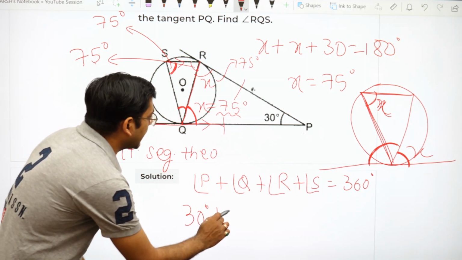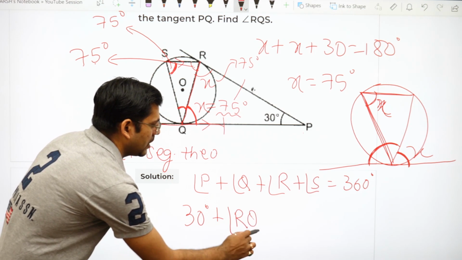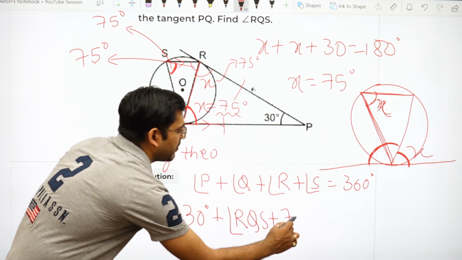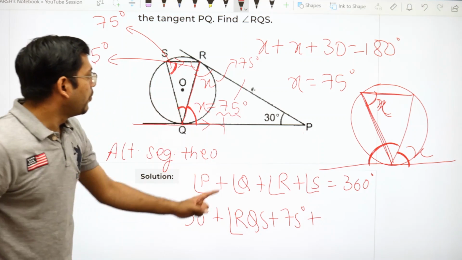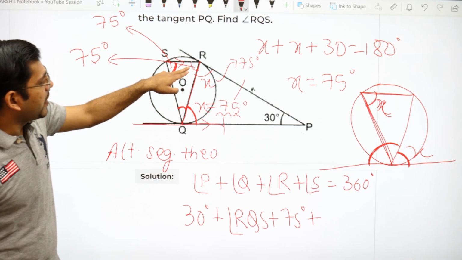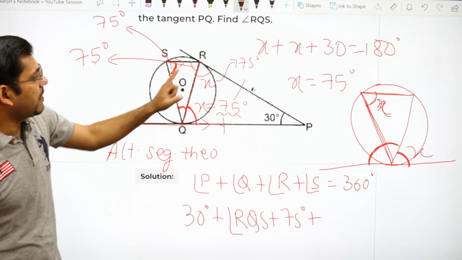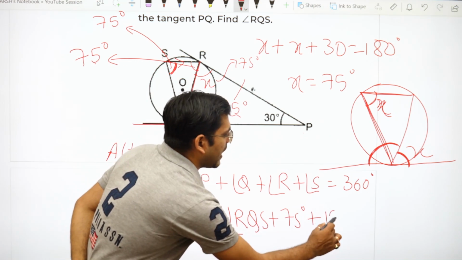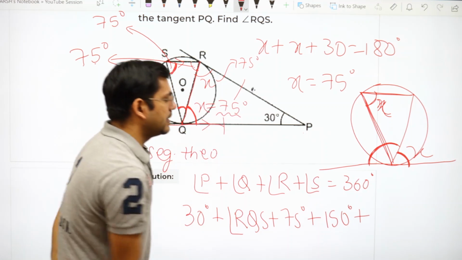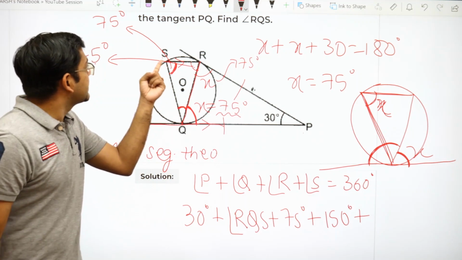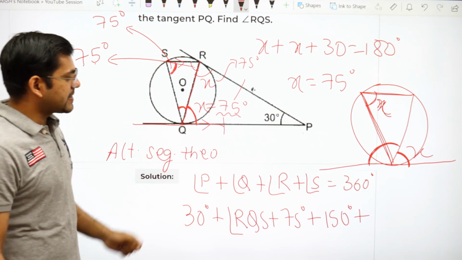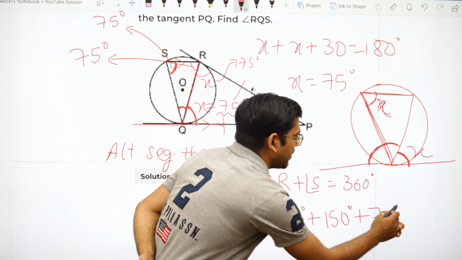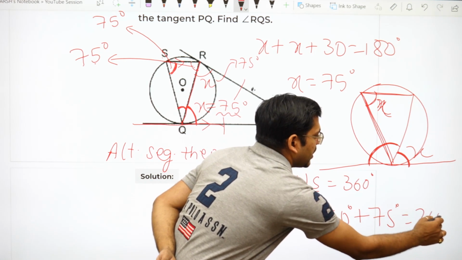So I'll write angle RQS plus 75 degree. Plus for angle R, we again have two angles, 75 degree and 75 degree, so I will write for R 150 degree, plus for angle S we already have 75 degree. So I'll write again 75 degree equals 360 degree.